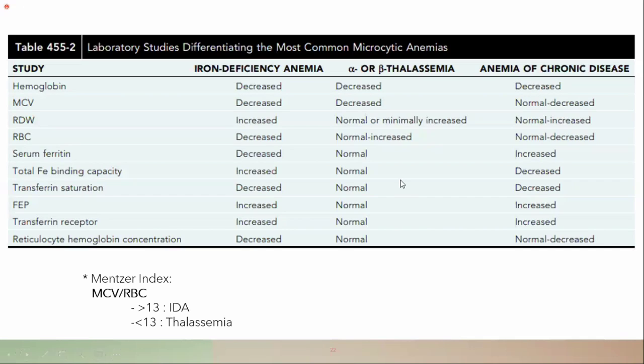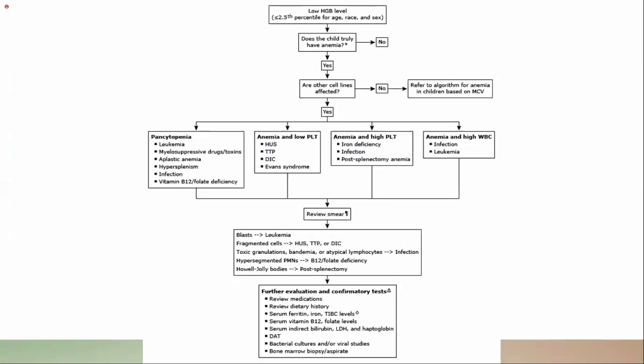This is the table in Nelson which differentiates the findings in IDA, thalassemia and anemia of chronic disease in FBC and also the iron studies. I added some values, like the Mentzer index, which usually helps us to differentiate between IDA and thalassemia also. So a bit of revision, right?